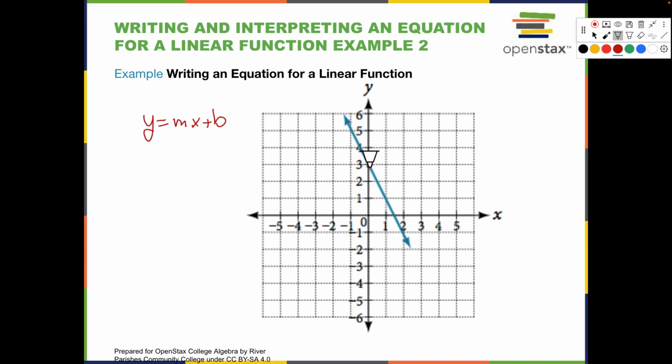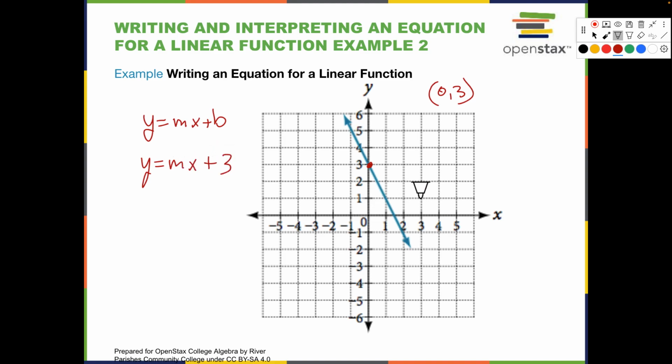Y equals, so we can see the y-intercept there. So that's the point 0, 3. And remember, b is going to be our 3. So we know we've got y equals mx plus 3.